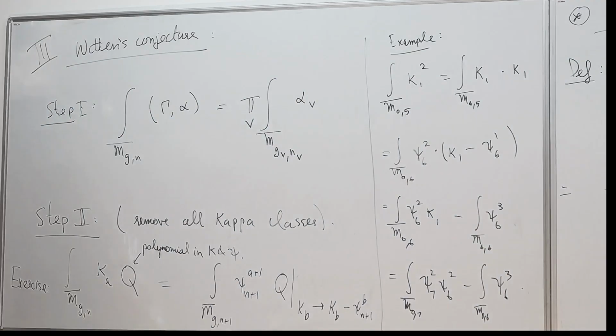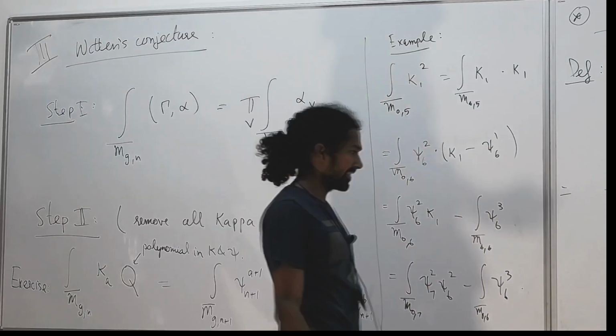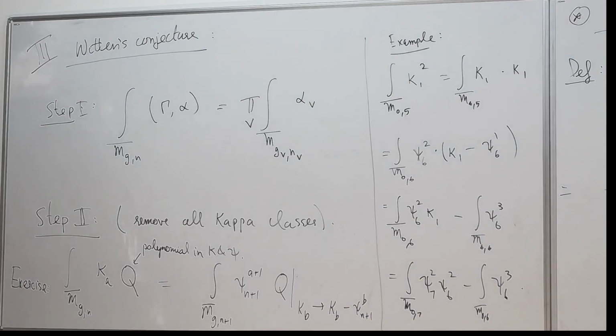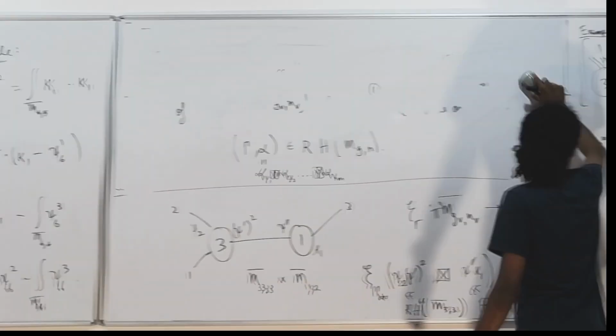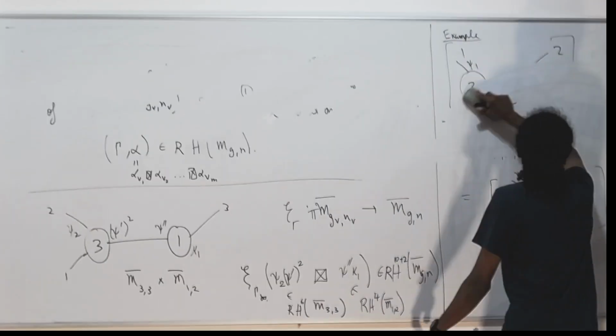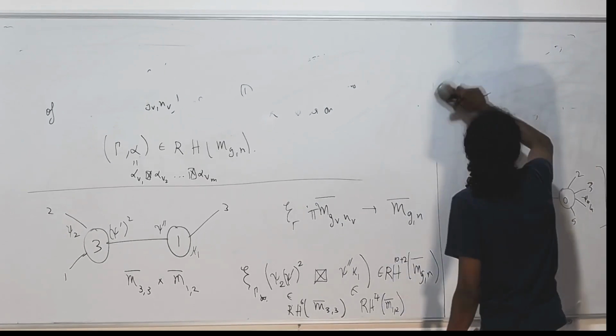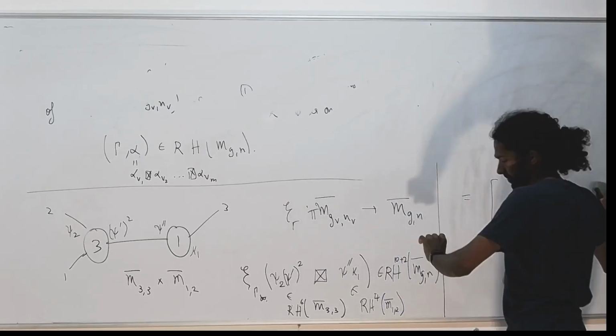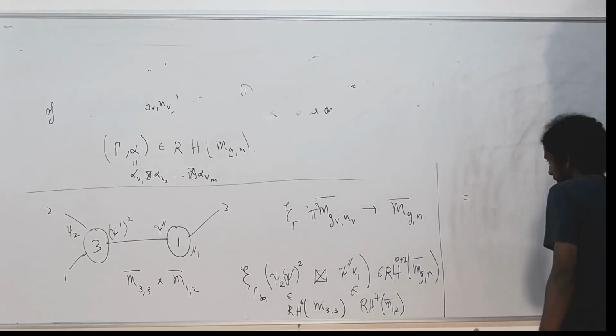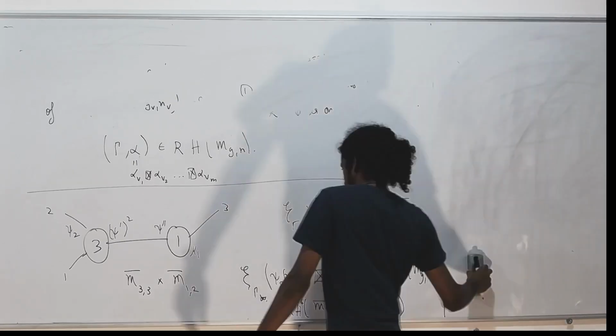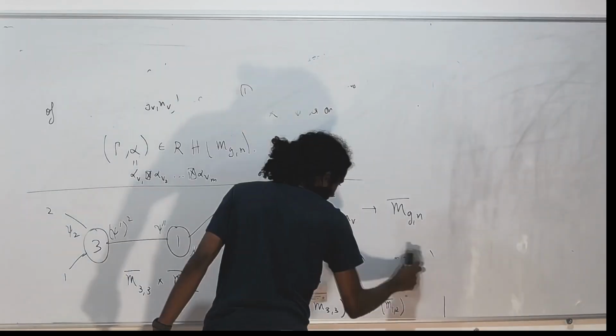Okay. So finally, what do we need to do? We actually need to compute psi-class intersections. And this is hard. And this is really hard. Let's compute for fun some psi-class intersections.